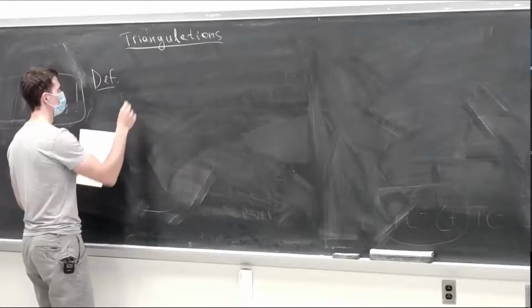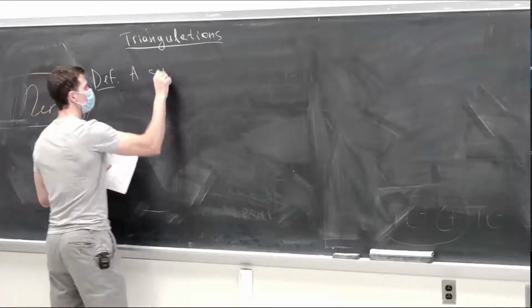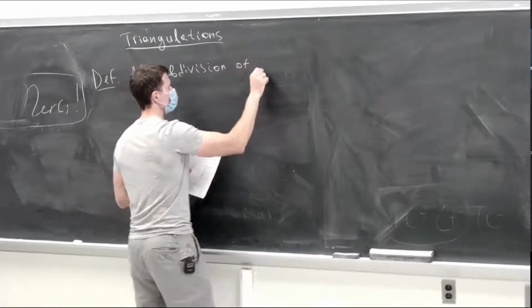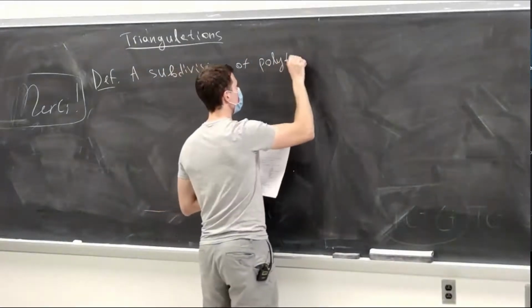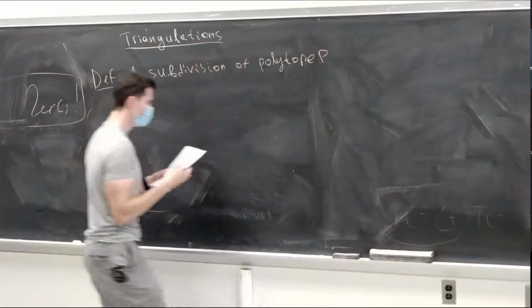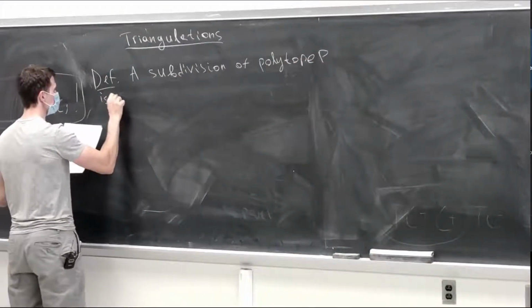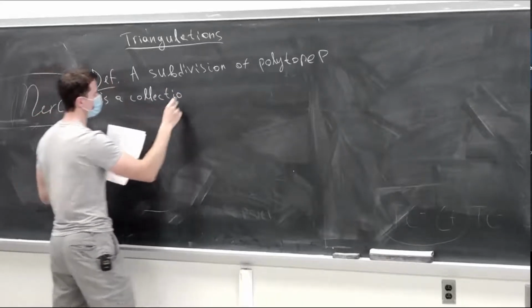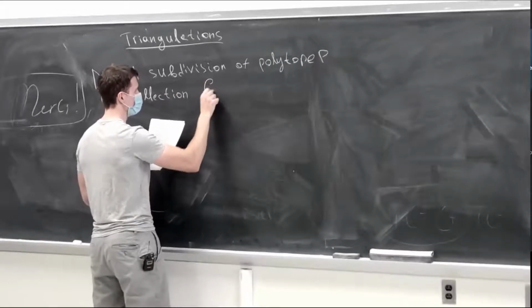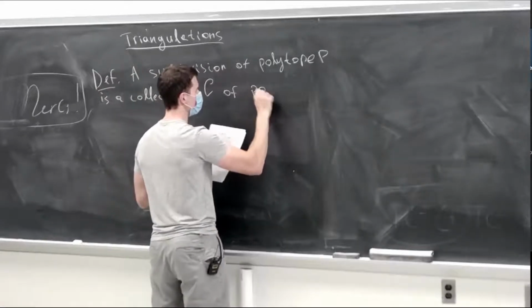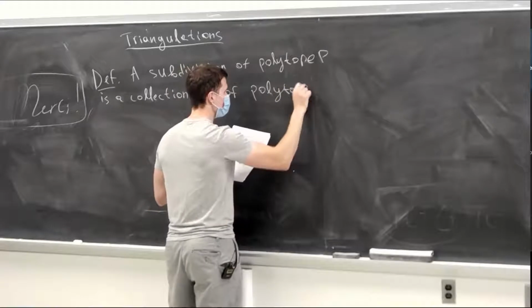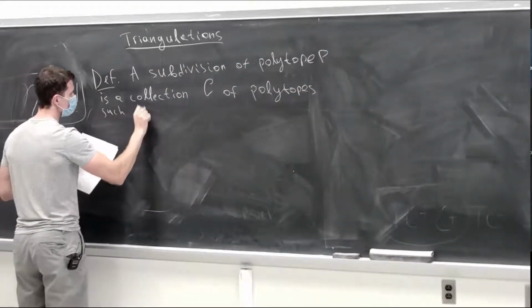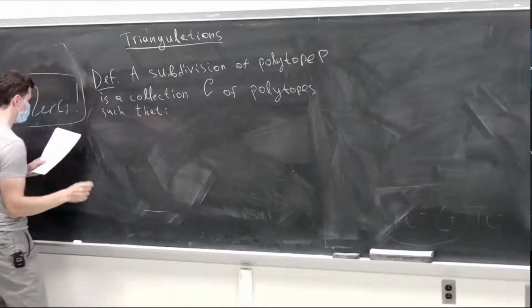So let me first define a subdivision. A subdivision of a polytope P is a collection C of smaller polytopes, so I'm talking about polytopal subdivisions, such that, here are the three conditions.